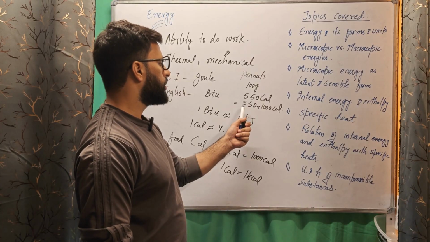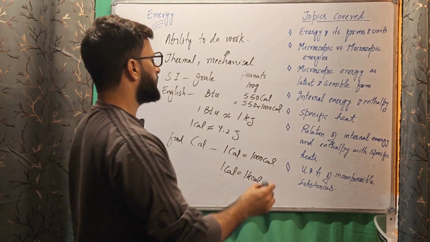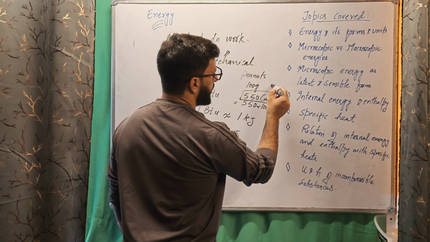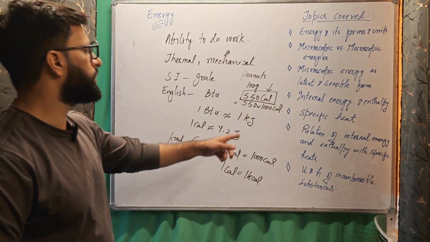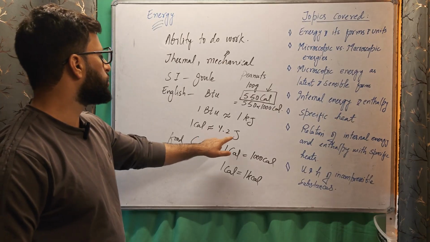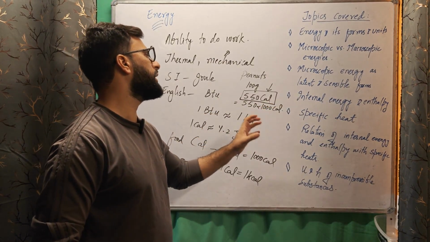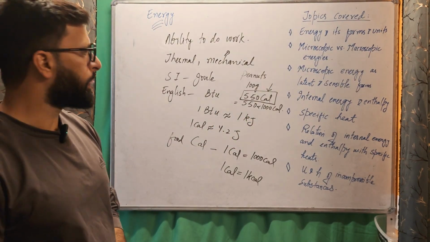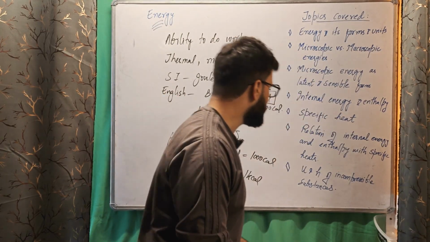So it will be 550,000 calories, but in short we say 550 calories. That is the food calorie, capital CAL. Then we can convert it into joules. Small cal is equal to 4.2 joules, so we will multiply by 4.2, and that amount of joules of energy is contained in 100 grams of peanuts. So this was energy and its various forms and units.